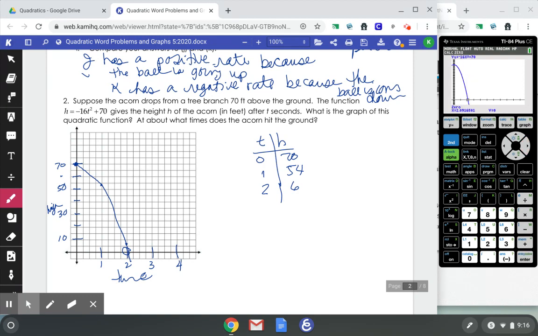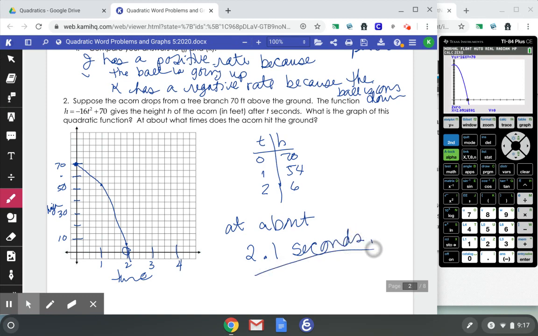And it is saying at about what time. So I'm going to round this, we could say 2.1 seconds.